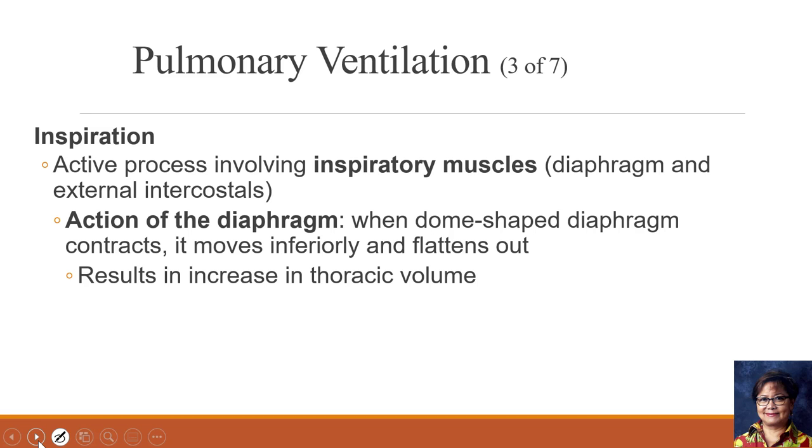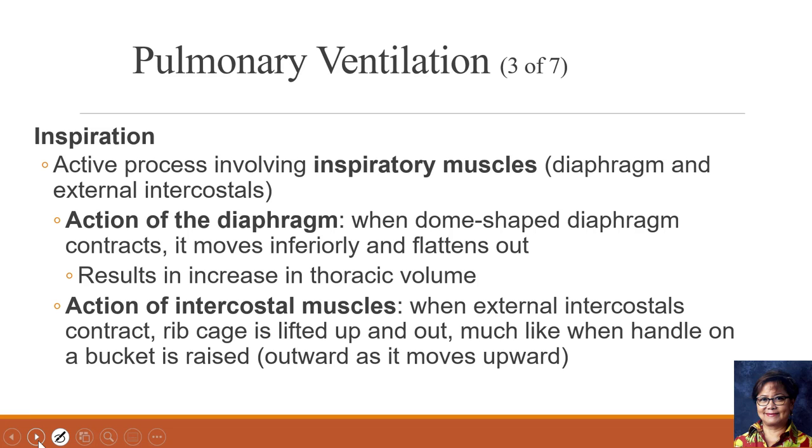Okay, so when the diaphragm flattens out, it results in an increase in volume. And I explained it to you in the first page that I explained to you moments ago. And pretty much the action of the diaphragm is just to go up and down. The intercostal muscle, on the other hand, when the external intercostals contract, the rib cage would be lifted out.